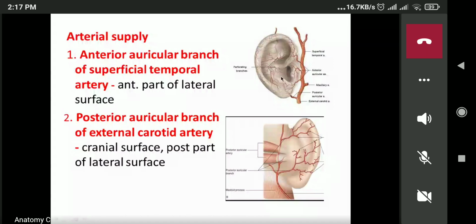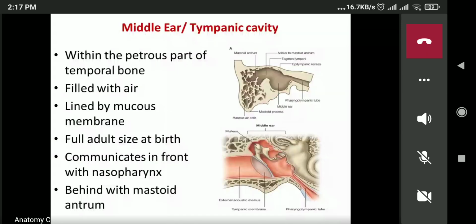Now coming to the middle ear. The middle ear cavity is also known as the tympanic cavity. This cavity is present within the petrous part of the temporal bone.